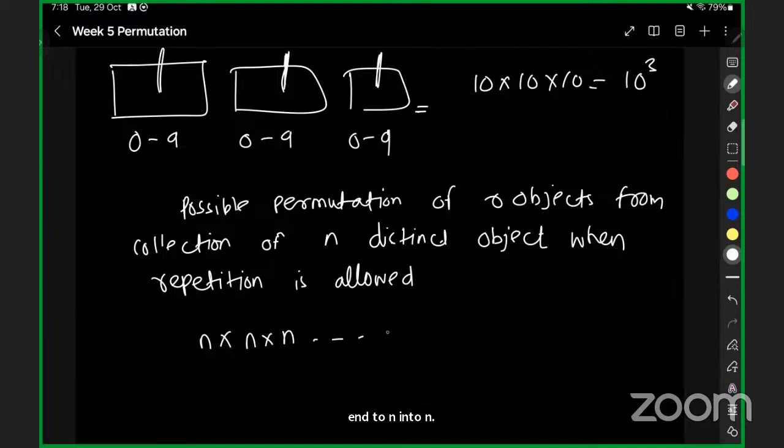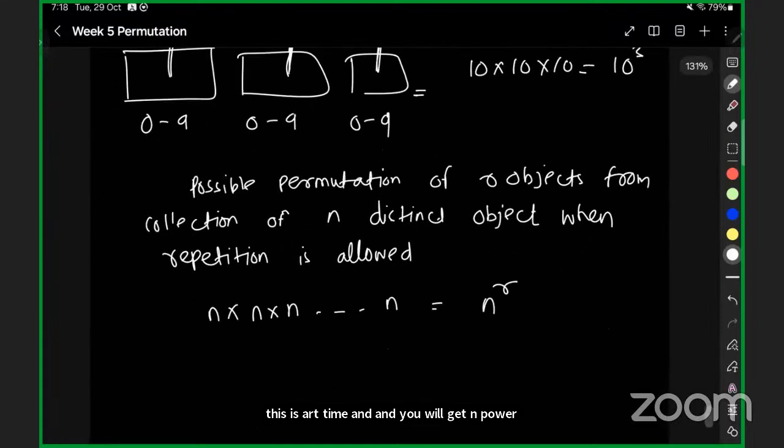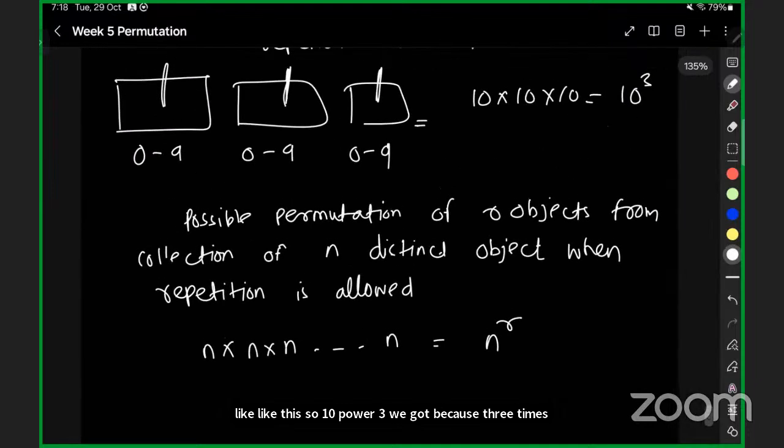So you will get n power r. 10 power 3 we got because 3 times we can do it.